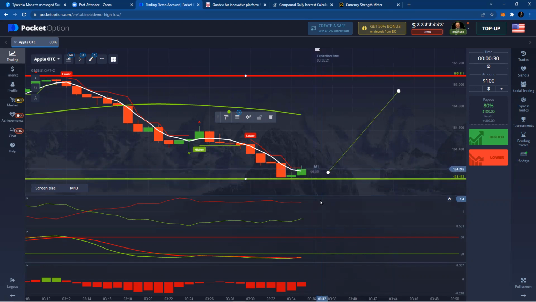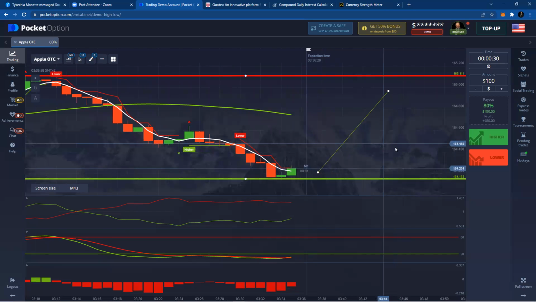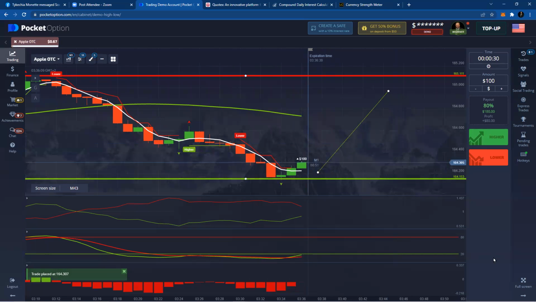If the next candle is green and stays green for more than 10 seconds, we're going to go ahead and go in a buy. All right, so it's green. And we're going to buy now.